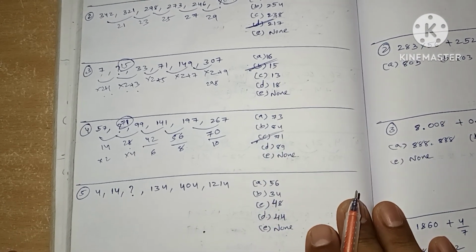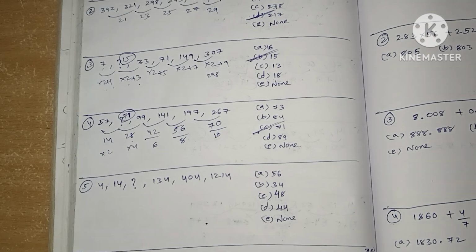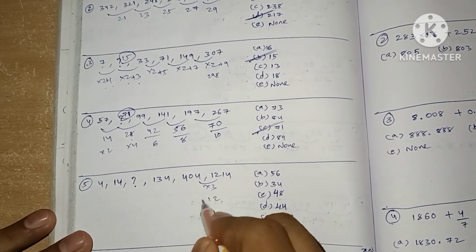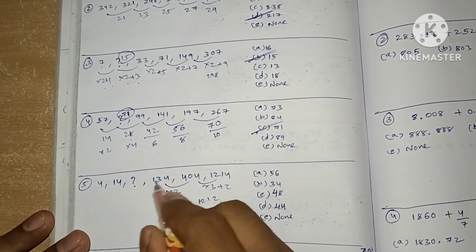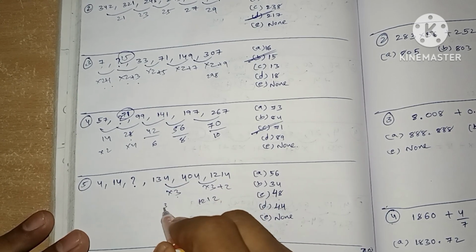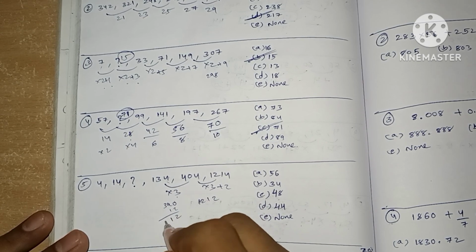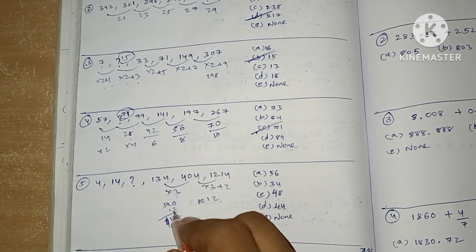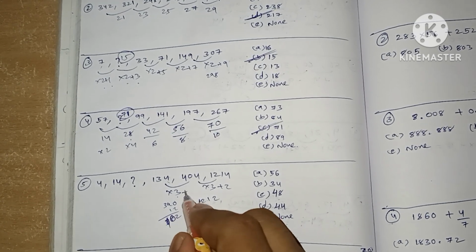Next, fifth question. This is into 3 times will be 12 and 12 plus 2. 13 3 times is 390. 390 plus 4 3 times 12, which will be 402. 402 plus 2.